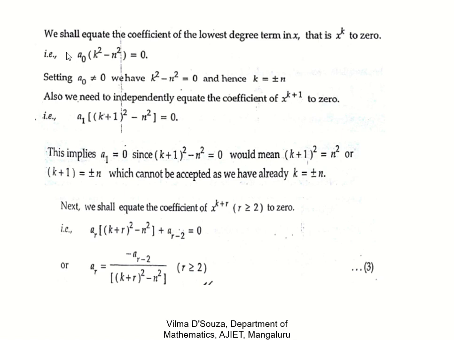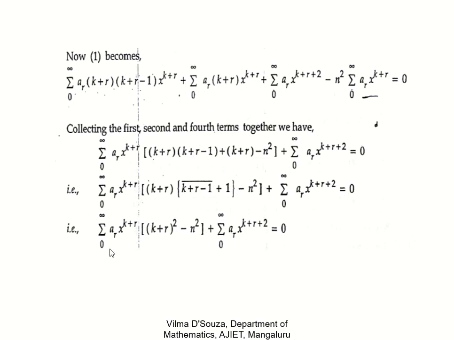Now we equate the coefficient of the lowest degree term in x to 0. What is the lowest degree term in this summation? That is when r equal to 0. So when r equal to 0, what is the coefficient here?